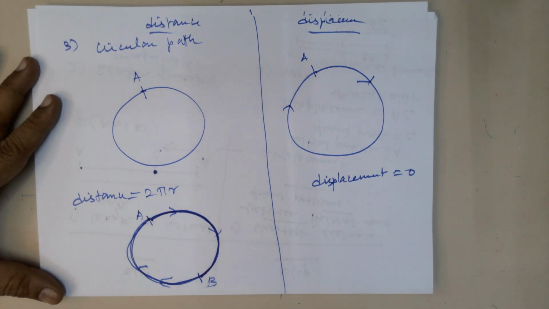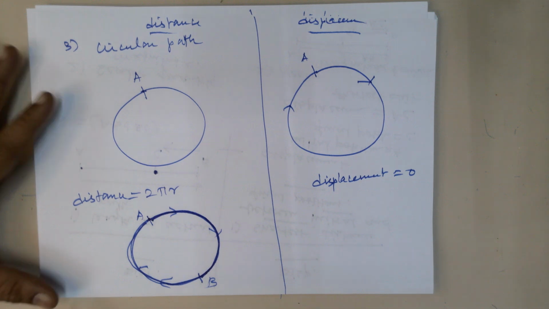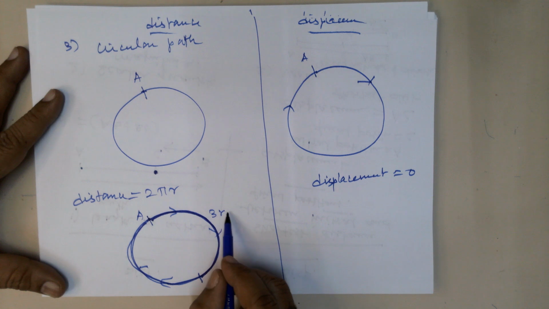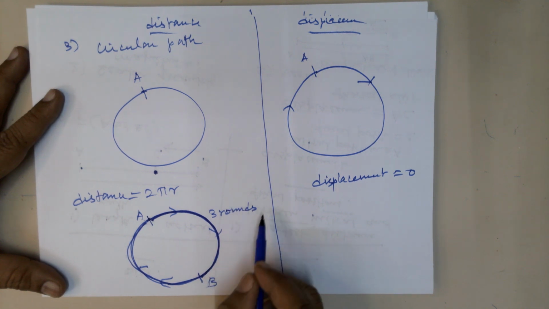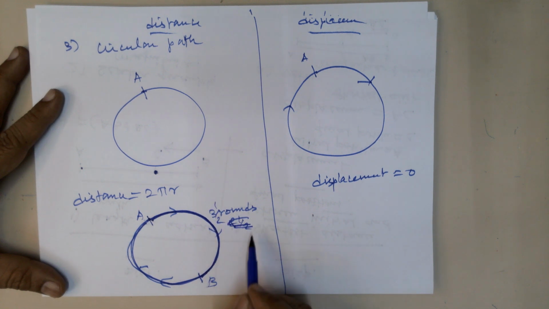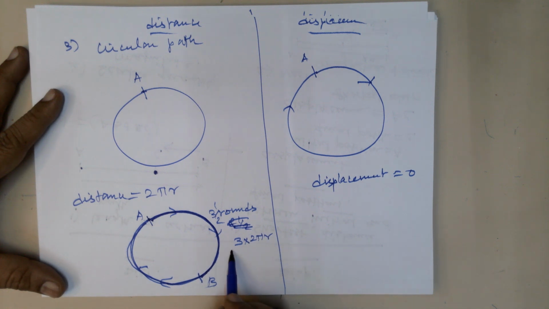In that case, what is the total distance traveled here? Three rounds and a half round, so 3.5 rounds. Three rounds means 3 into 2 pi r, is it not? So this is 6 pi r. And a half round means pi r.